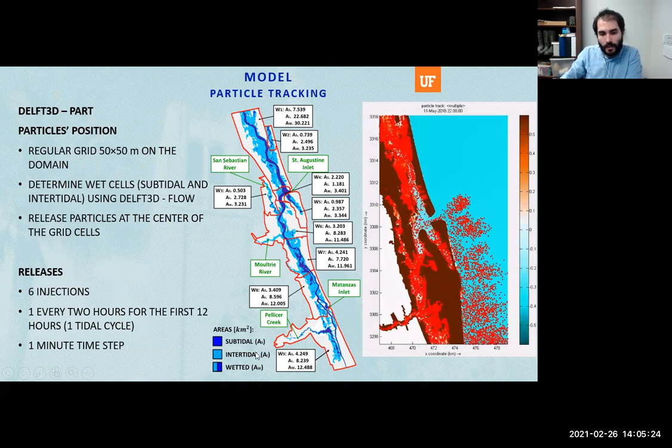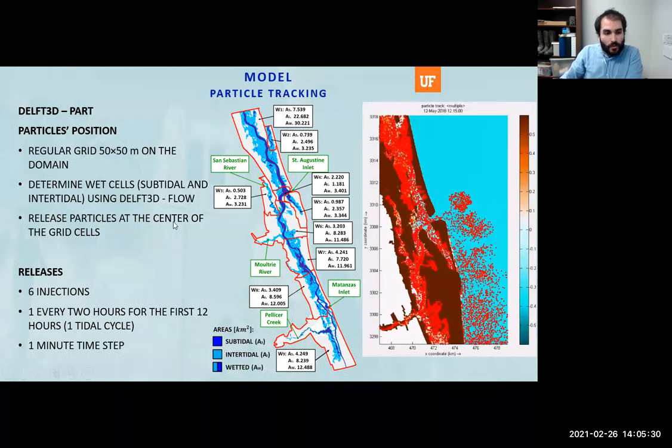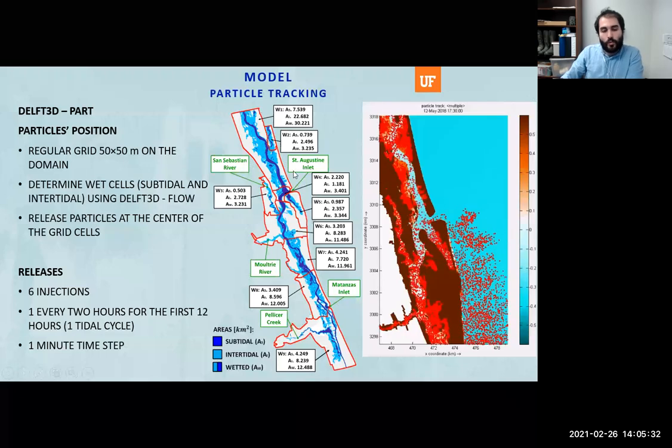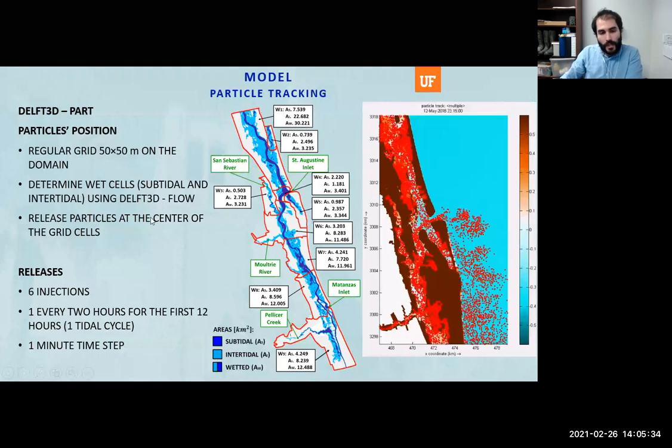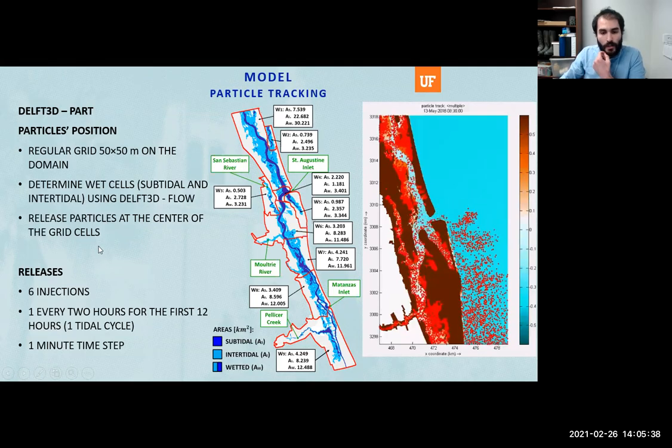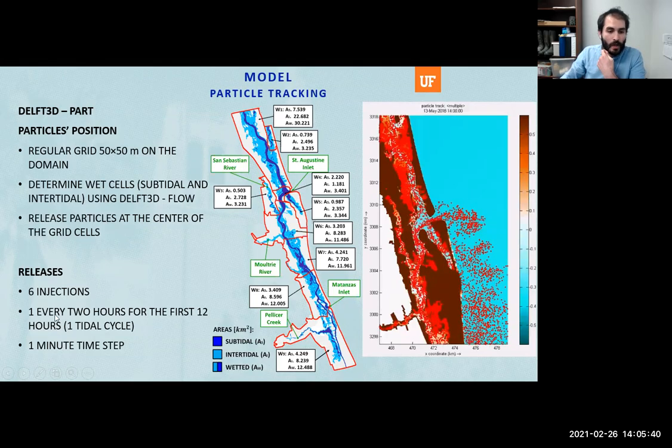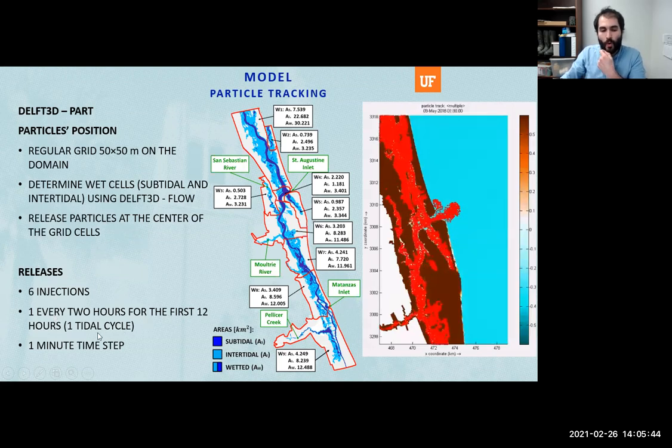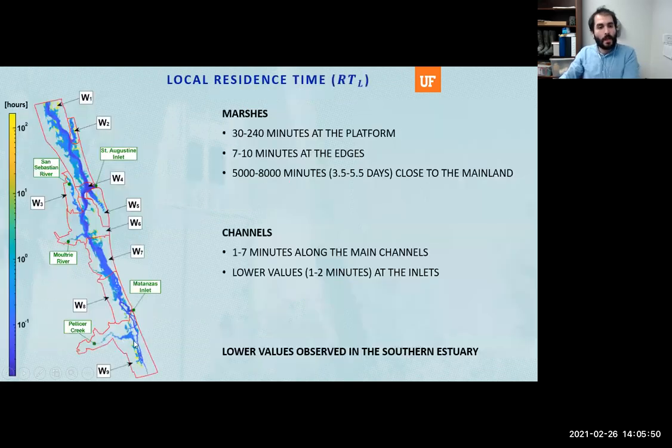These are divided into intertidal and subtidal areas. And what we did was to take these cells and release particles at the center of these cells. We have 6 injections in our study period, one every 2 hours for the first 12 hours, so as to cover one tidal cycle. And the time step of the simulation is again 1 minute.